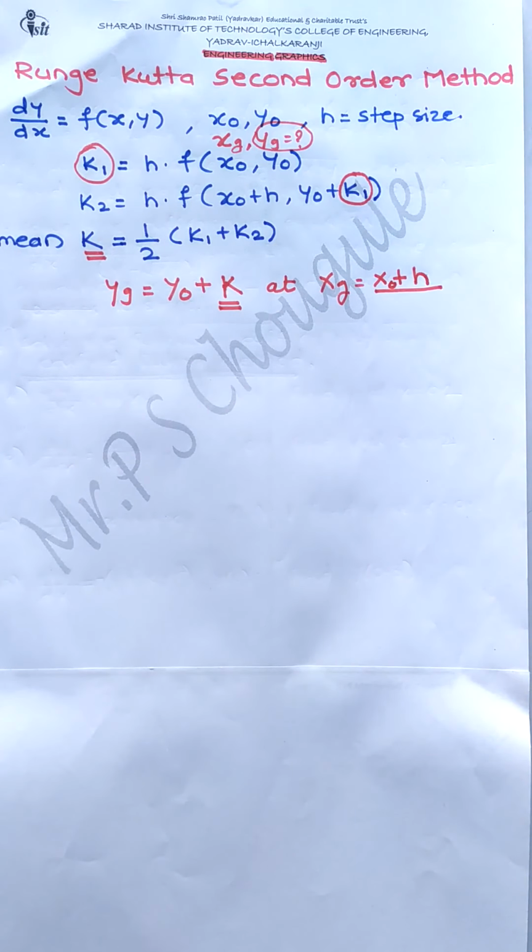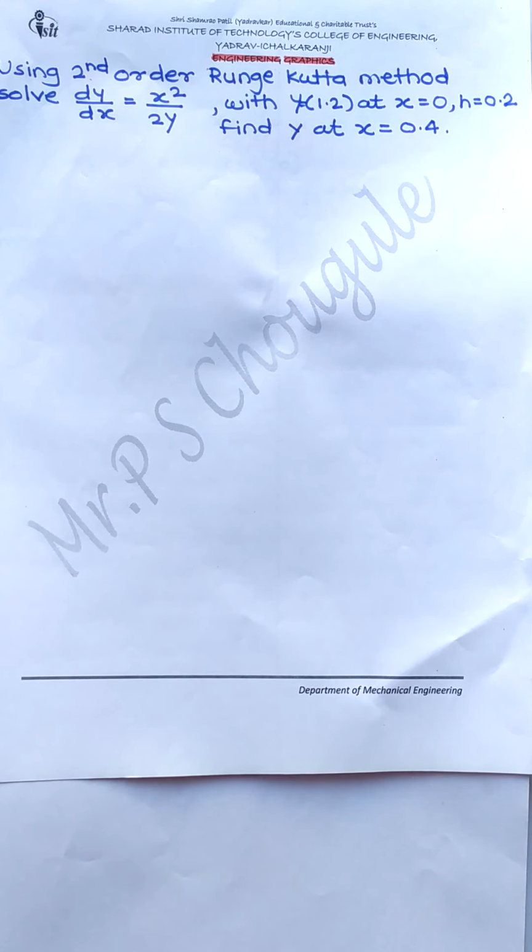Now for better understanding, we will take one example for the same. So here it is the example. Using the second order Runge-Kutta method, solve dy by dx is equal to x square divided by 2y with the initial condition y is equal to 1.2 at x is equal to 0, and h, which is the step size, is equal to 0.2.